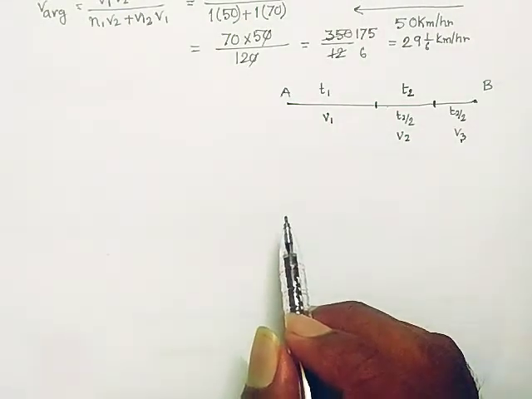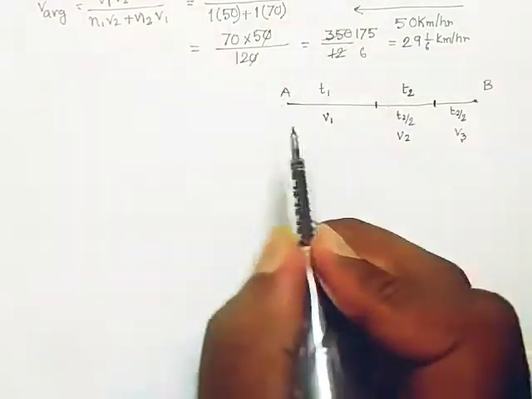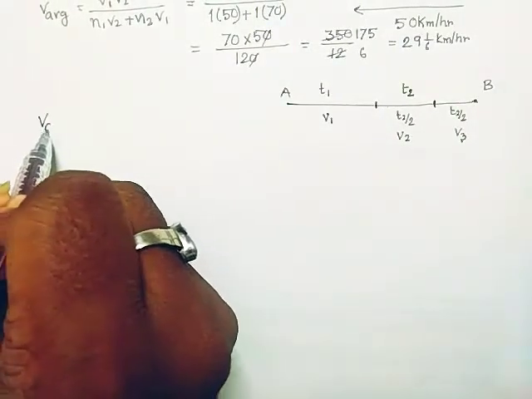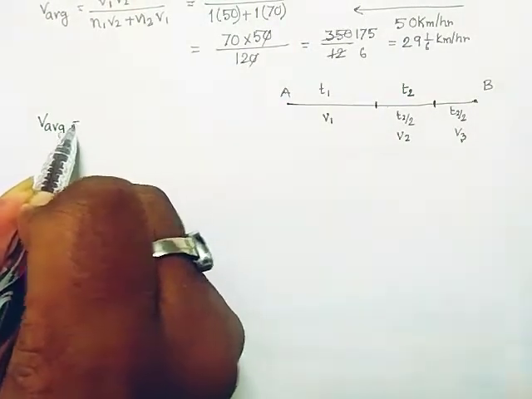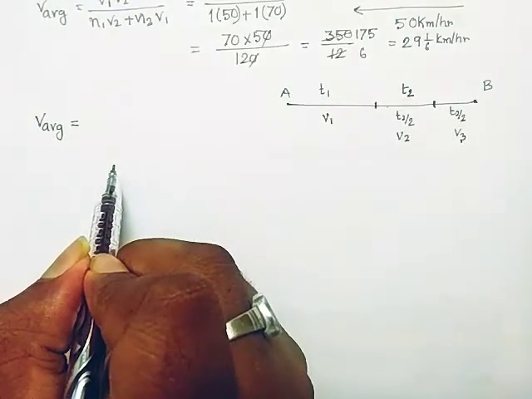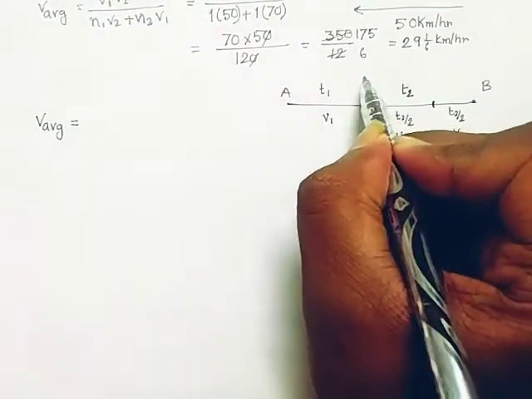So this is the total setup. So the V average, what is the V average? The V average is basically the total distance. We take the total distance as d.